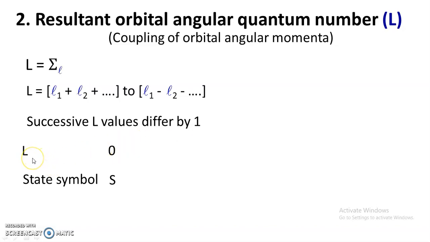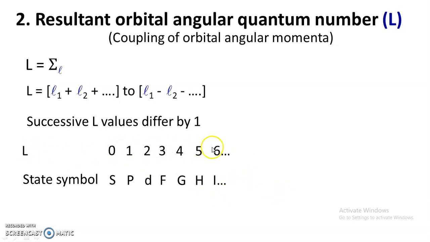Now the value of L, as I said, differs by 1. If it is 0, then the state symbol is capital S. If L is equal to 1, then it is capital P. If L is equal to 2, then capital D, and not small d, capital D. If L is equal to 3, then F, then G, H, I, and so on.